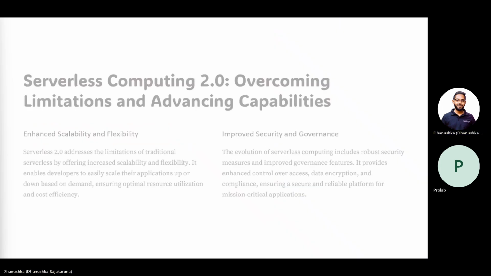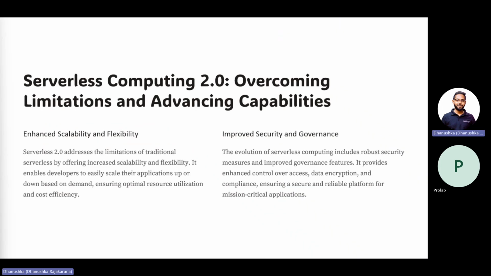So we will talk about serverless computing 2.0, overcoming limitations and advancing capabilities. Serverless computing has revolutionized application development by abstracting infrastructure management, enabling developers to focus on writing code. However, as adoption grows, so do its limitations and expectations.